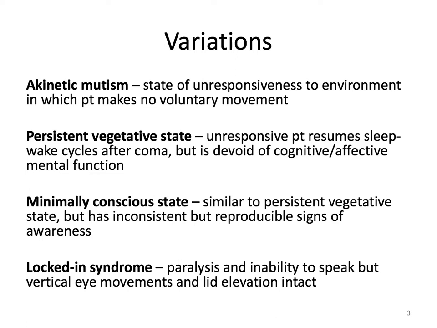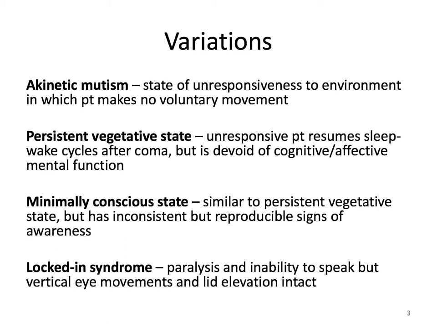There are some specific variations in altered level of consciousness, and those include the following. First is akinetic mutism. This is a state of unresponsiveness to the environment in which the patient makes no voluntary movement. In a persistent vegetative state, the unresponsive patient resumes the sleep-wake cycle after coma but is devoid of cognitive or affective mental function.